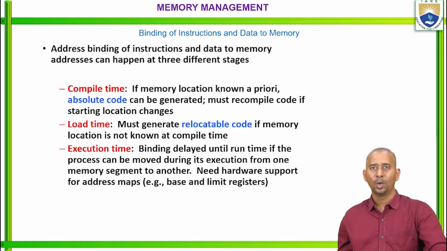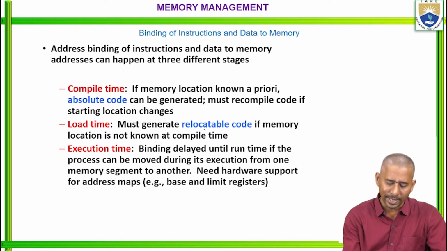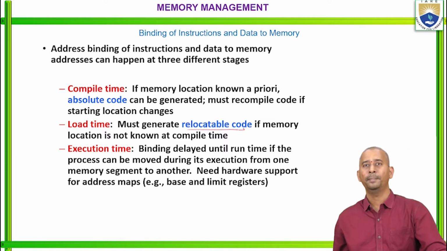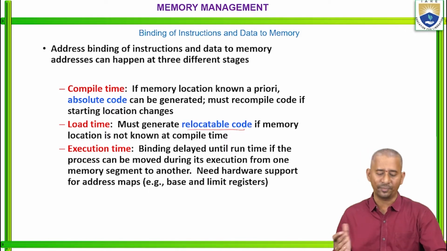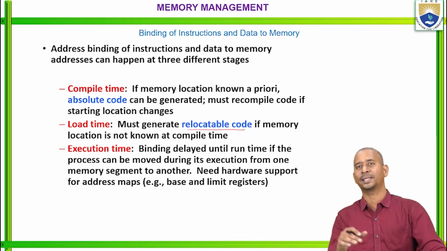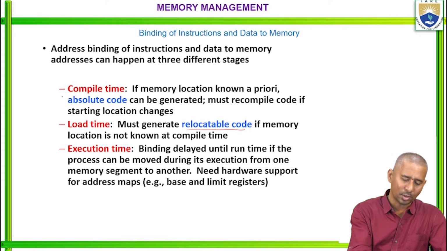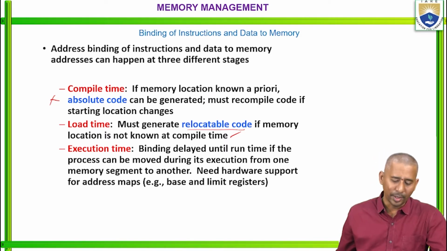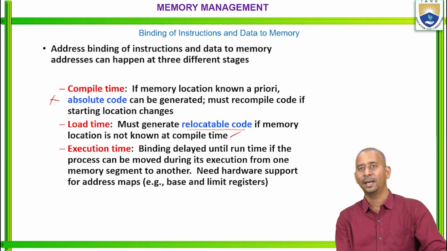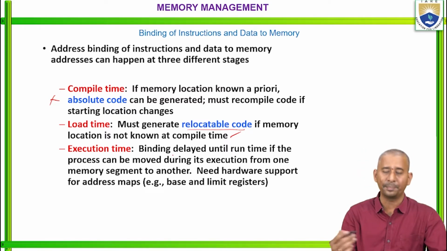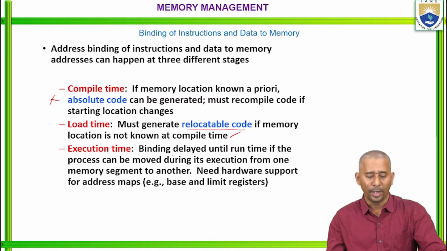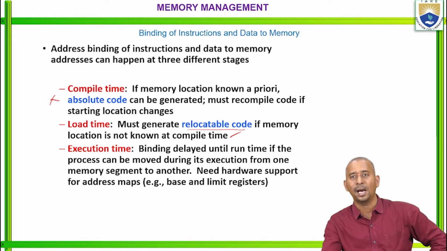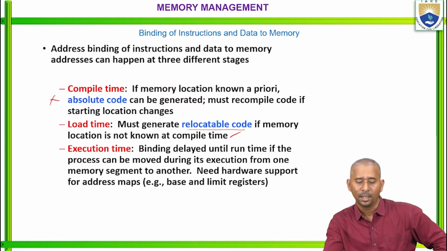Then load time. Load time must generate relocatable code if the memory location is not known at compile time. That is load time. Then execution time. Here binding is delayed until runtime if the process can be moved during its execution from one memory segment to another.